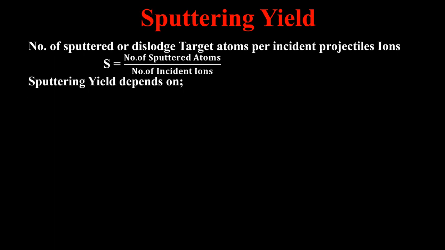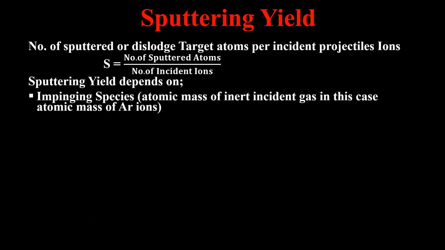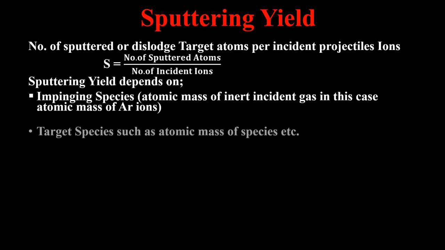The sputtering yield depends on the impinging species, which are basically the inert gas ions. So the sputtering yield will depend on the atomic mass of the incident inert gas ion, and usually in a sputtering apparatus we use argon ions. So the yield firstly depends on the atomic mass of the impinging species.